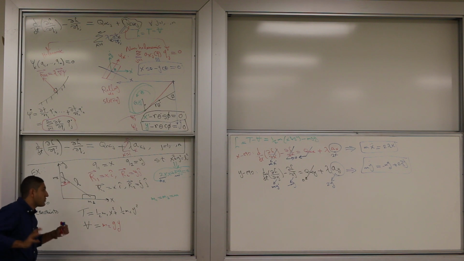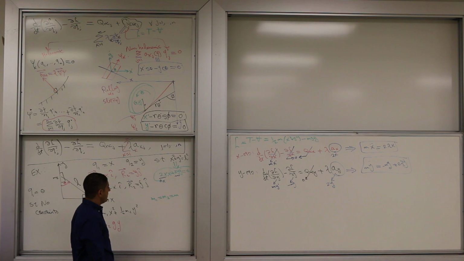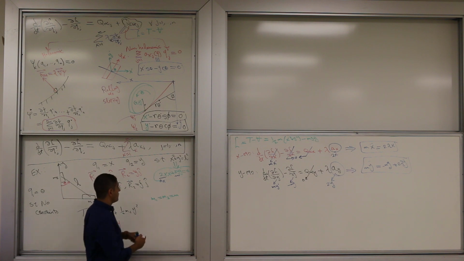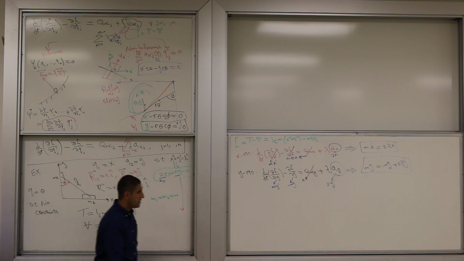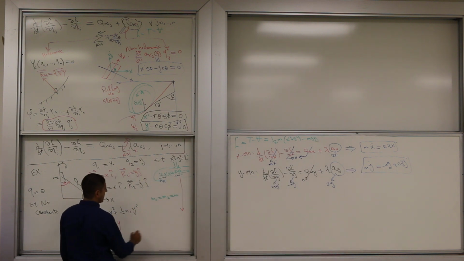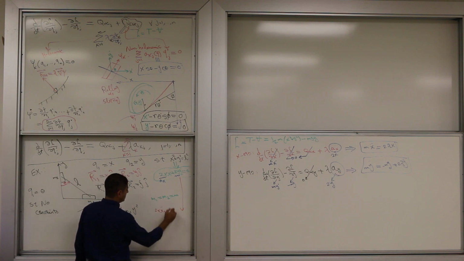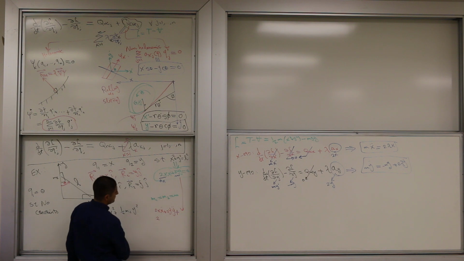The constraint equation. Don't forget that you have an equation here. It will be convenient if you differentiate it one more time to write it in terms of x double dot and y double dot, so everything will be in terms of the double dots. If you differentiate one more time, I will get 2x double dot plus 2y double dot plus 2x dot squared plus 2y dot squared.